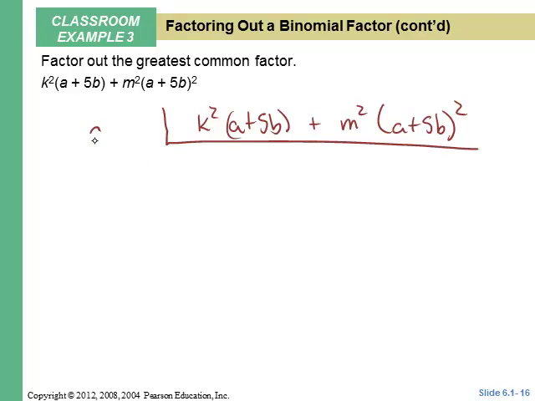Okay, so we have an a plus 5b out front. We're left with k squared plus m squared times a plus 5b. Now they probably want us to multiply that out. Nah, let's just leave it like that.